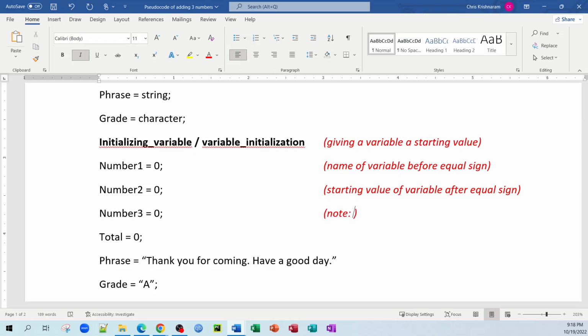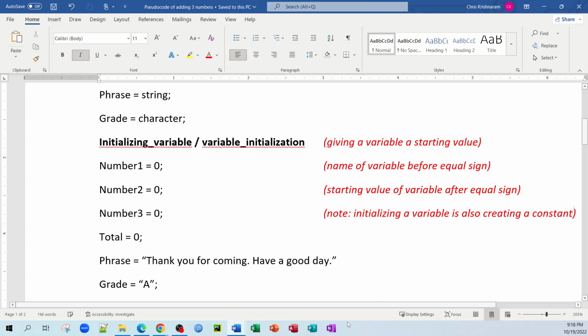Note: initializing a variable is also creating a constant.